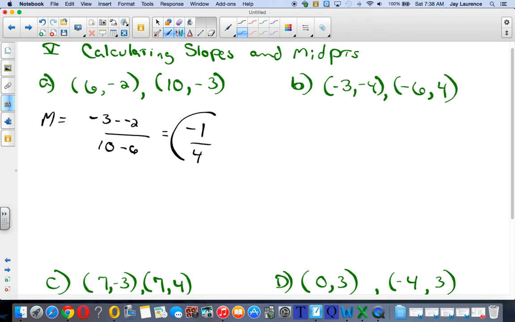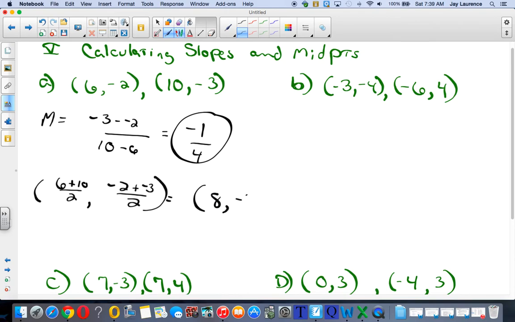So my slope is -1/4. Now my midpoint, I'm going to average the x's. So I'm going to go 6 plus 10 divided by 2, and -2 plus -3 divided by 2. And that's going to end up being the point 8, -2.5, I believe. Right? -5 divided by 2, -2.5. There you go. Okay, so there's my slope, and there's my midpoint.